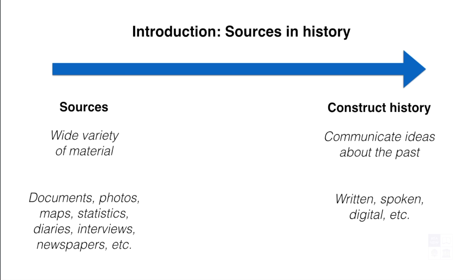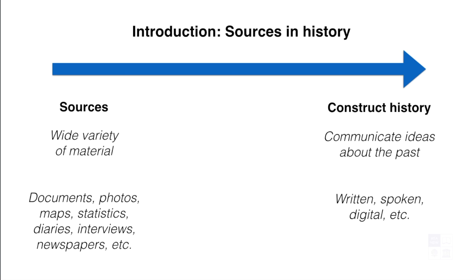In modern history, we're lucky because we often have a very wide variety of source material that we can draw upon. So we can look to things like documents, photographs, maps, statistics, diaries, whatever we can find to use in our history. But historians don't just grab that material and put it into their history.